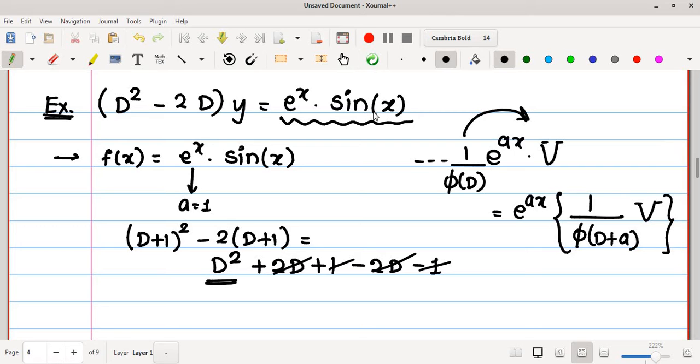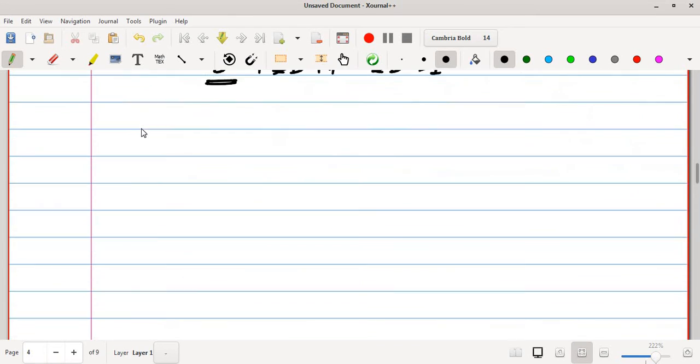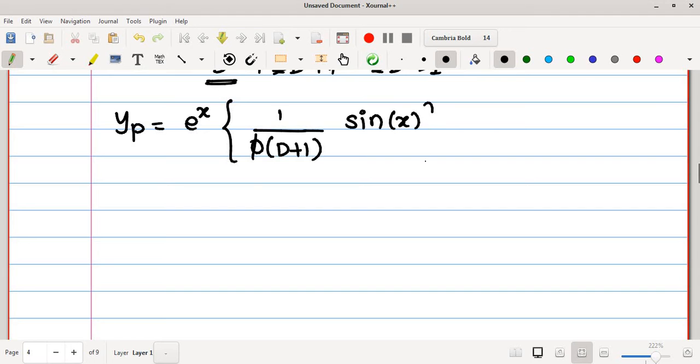Another way is, since the degree of the auxiliary equation is 2, we can solve this problem by the variation of parameters method. By the shortcut method formula, the required particular integral will be: we take e raised to x outside, we replace D by D plus 1 and operate it on the second function, that is sin x.